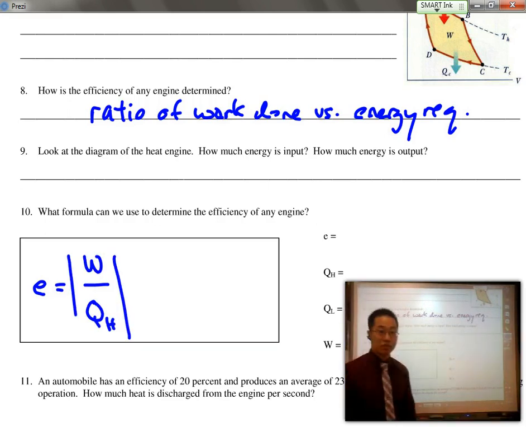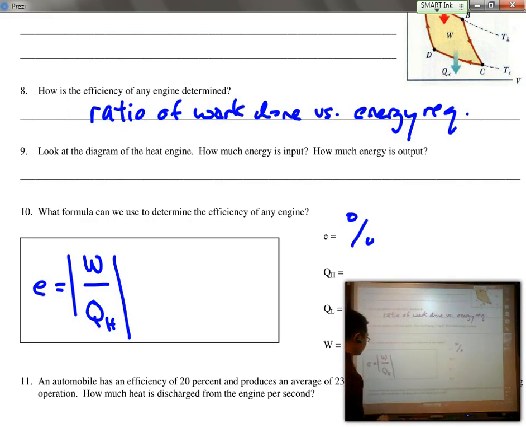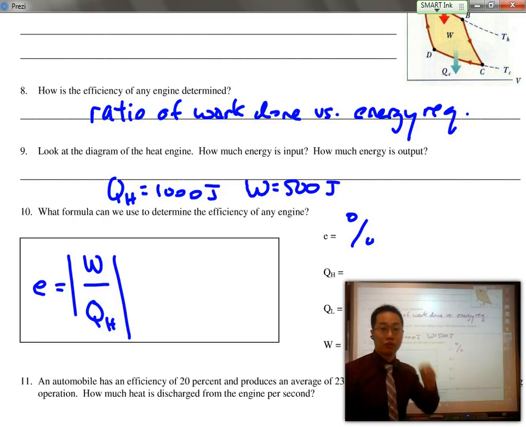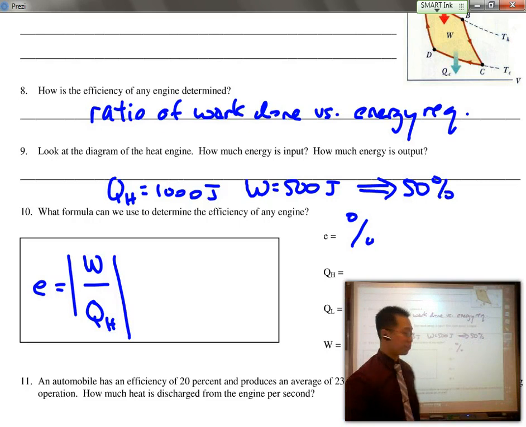And efficiency, of course, is going to be a percentage answer, meaning that if you put in, for example, let's say 1,000 joules of energy, but only 500 joules of it managed to turn into useful work, then of course you would end up with 50% efficiency, or 0.5.